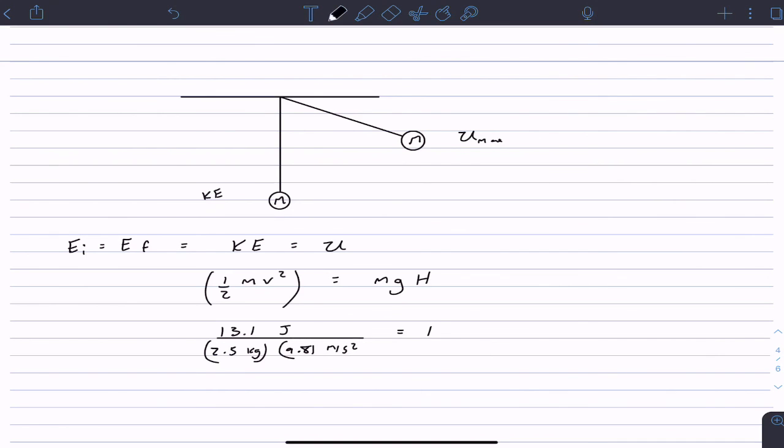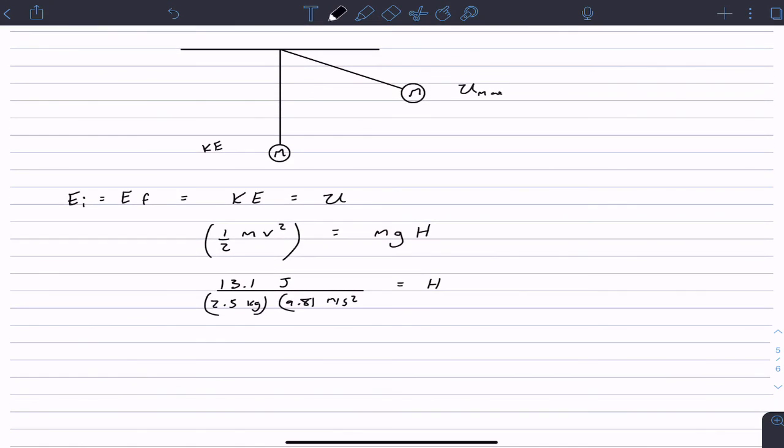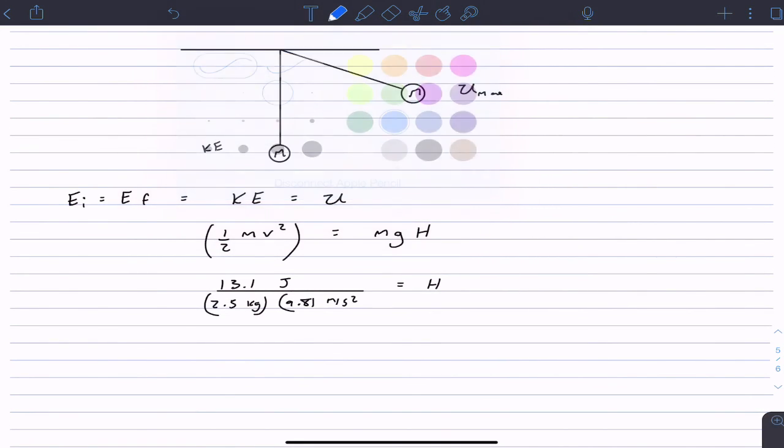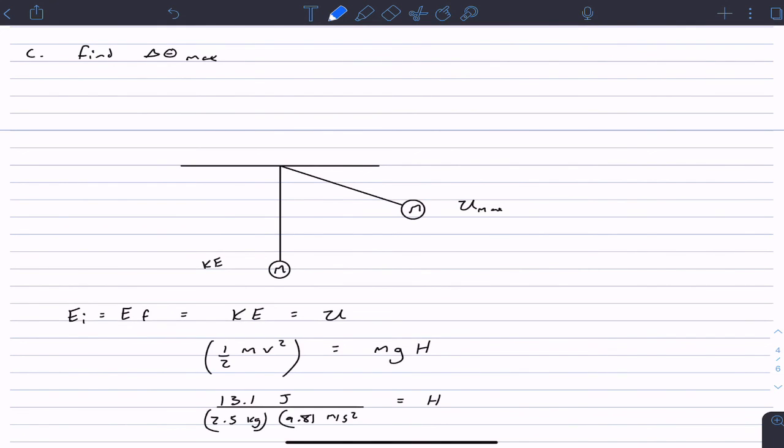But we're looking for maximum angular displacement. So what is h? Well, remember this is length L. This thing has to travel down here, right? So this potential has to travel mgh, where h is this height. Well, what is that in terms of variables that we can actually use?